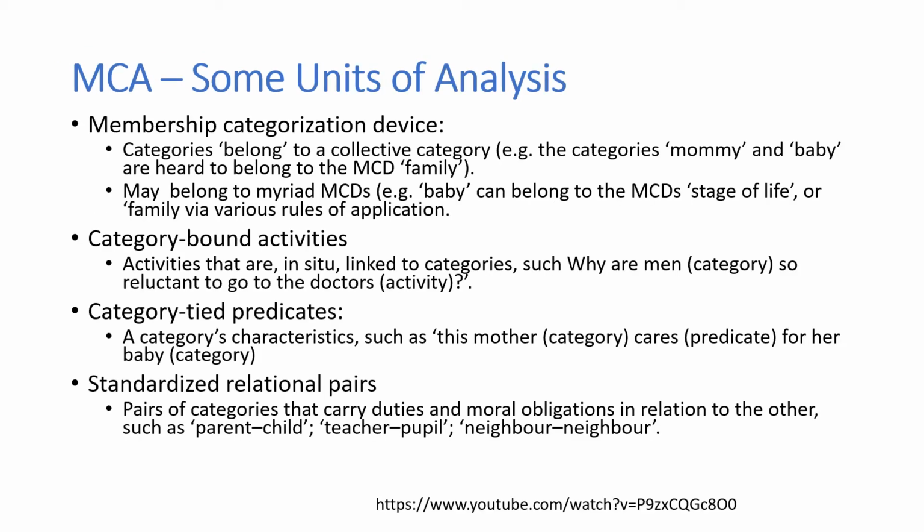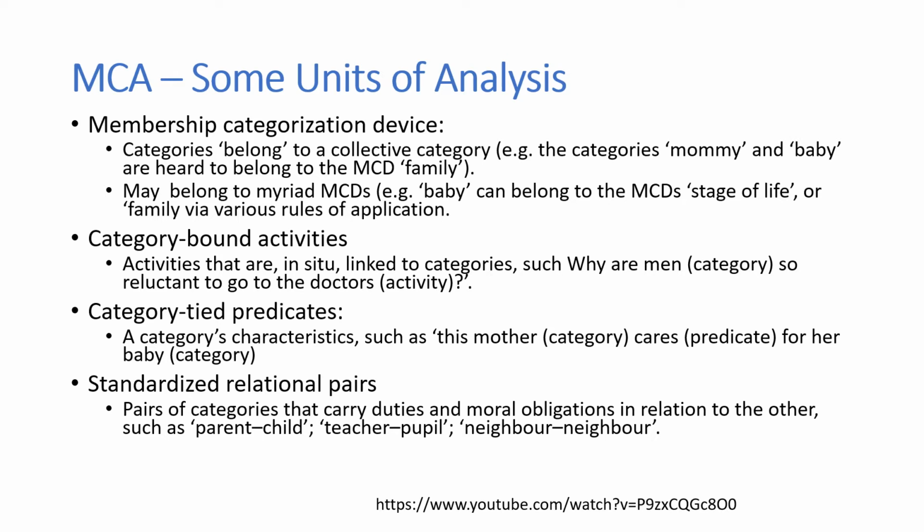So let's look at some of the units of analysis in MCA. The first one is the top level kind of unit of analysis, which is the membership categorization device. So when we're using identity categories such as mommy or baby, these are heard as belonging to the MCD or the broader collective category of family.